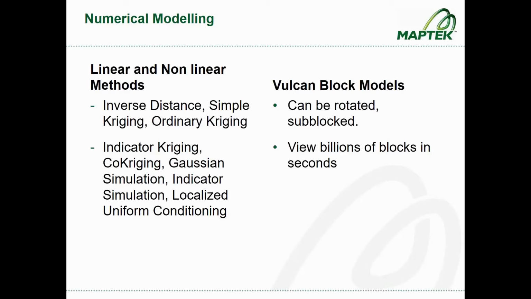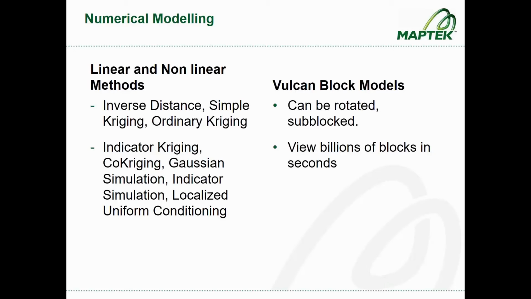And then if we move into the nonlinear methods, indicator kriging, co-kriging, both types of simulation, Gaussian and indicator. And then we also have localized uniform conditioning. So again, all this is going to depend on your deposit type, what the purpose of your model is. But again, you have the whole suite of options here that you can use.